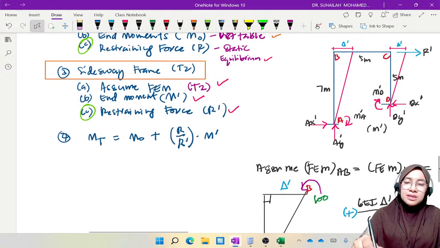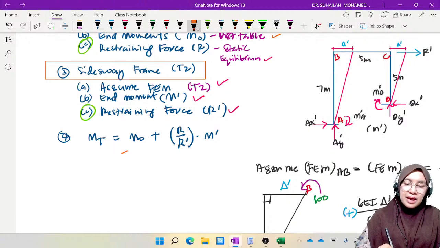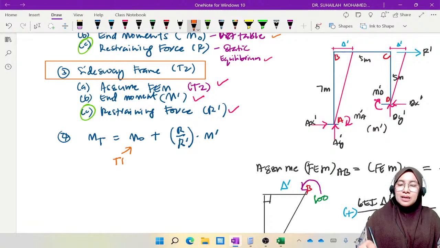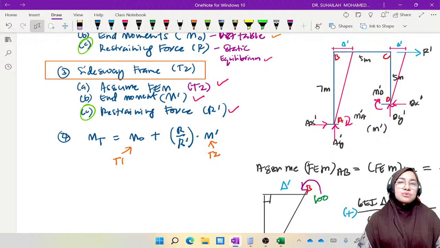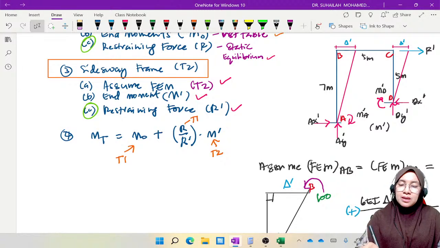In this equation, M naught is from table number 1, M prime is from table number 2. R we get from table 1, and R prime from table 2.